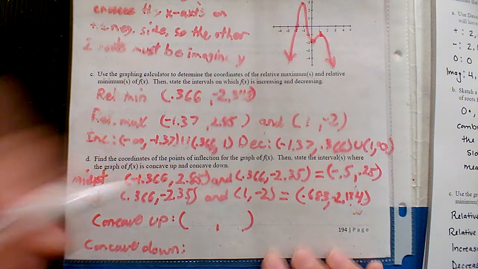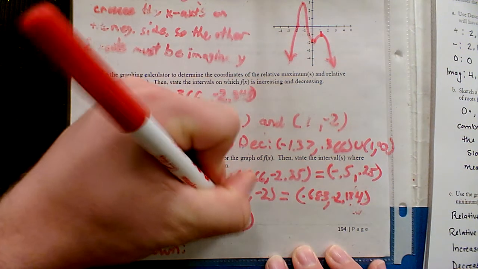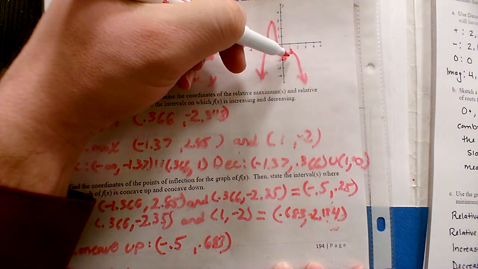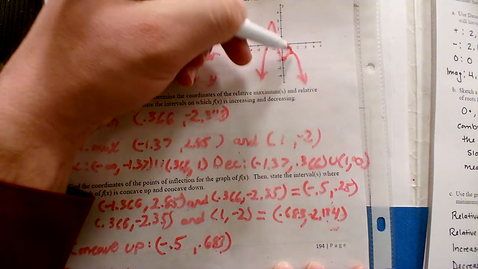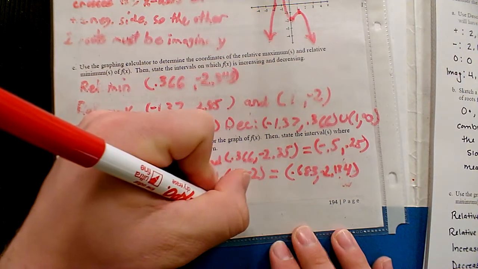Yes. Good. From negative 0.5 to that 0.683, so right here, that's concave up. Very good. And we need, lastly, the concave down.